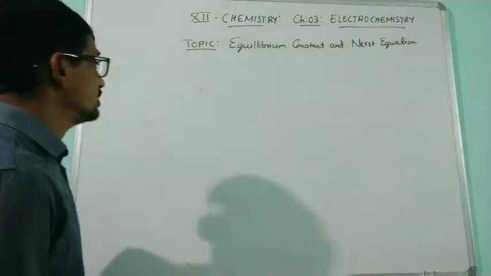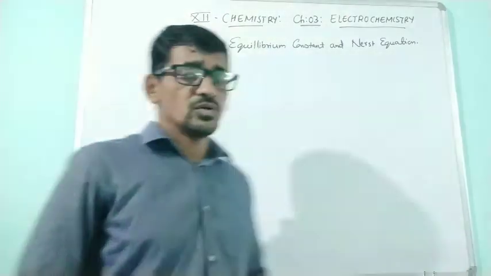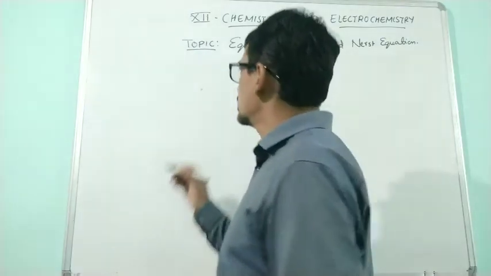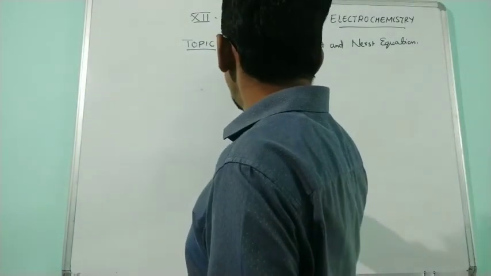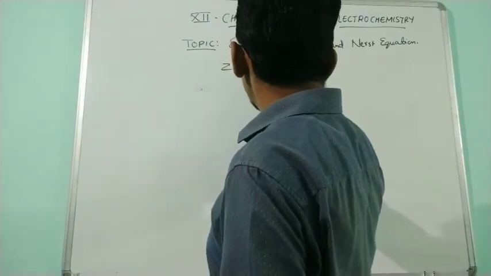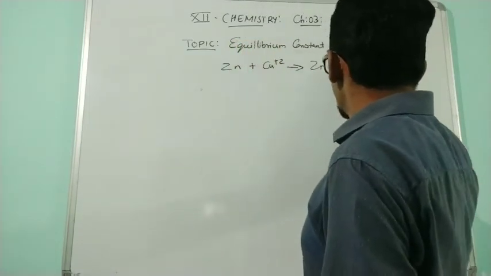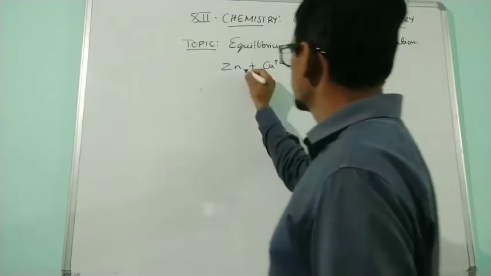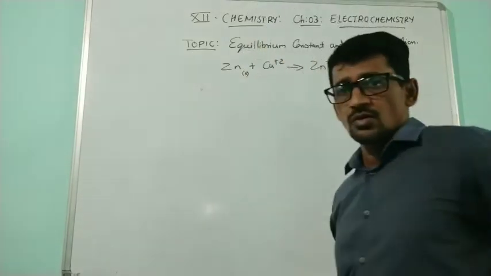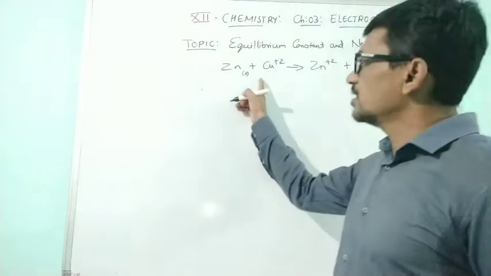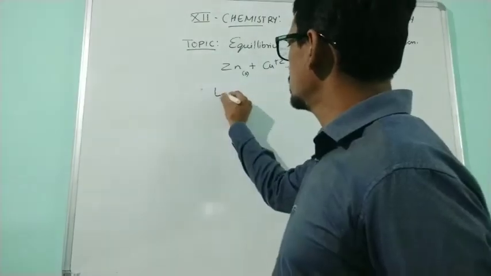Okay, suppose we take the cell. Okay, we say the Daniel cell. Zn plus Cu2+ gives Zn2+ plus Cu solid. For this we will write the Nernst equation.